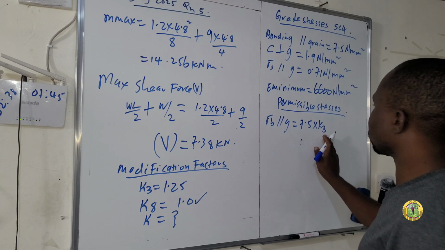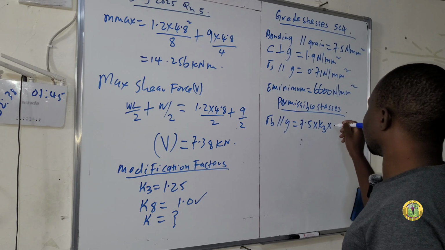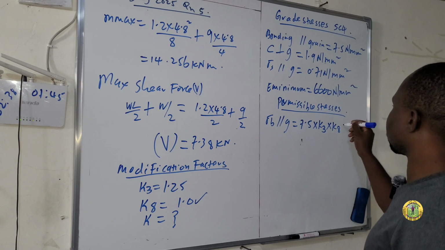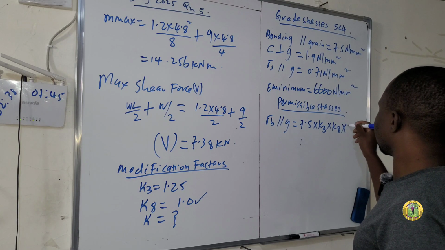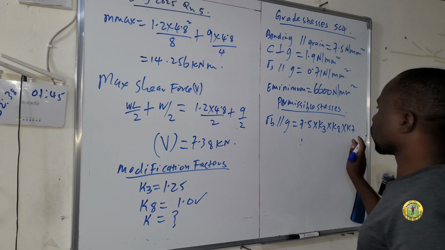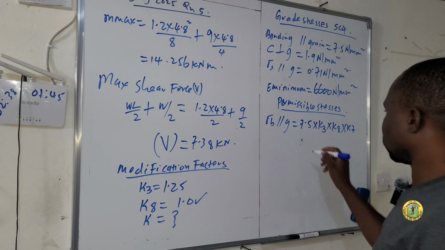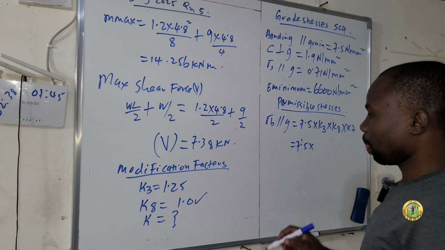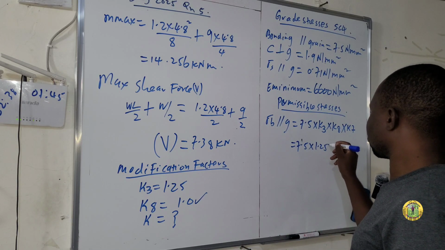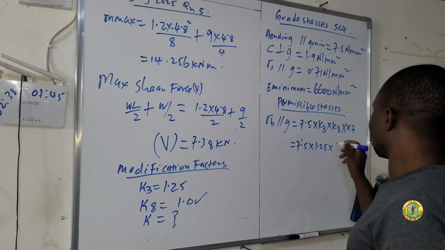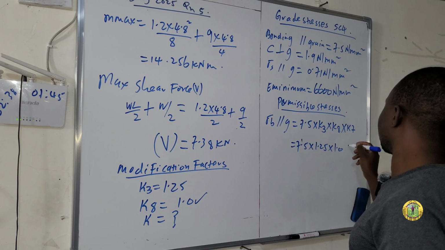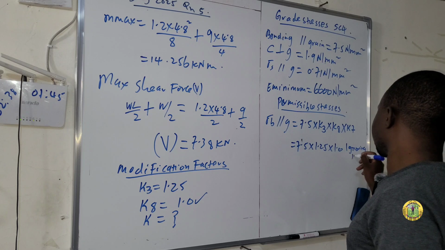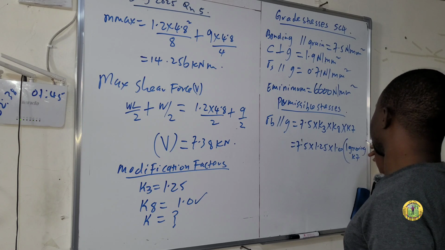K3 modifies all the stresses, times K8, K8 modifies all the stresses, times K7. K7 is for bending only. So this one is equal to 7.5 times K3, 1.25, times K8, 1.0, and then ignoring K7 because we don't know the section.